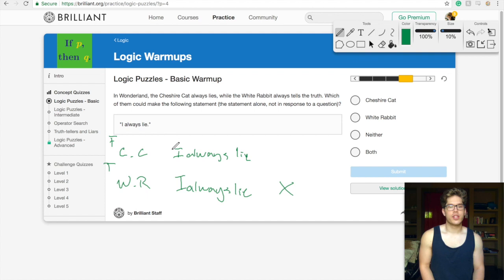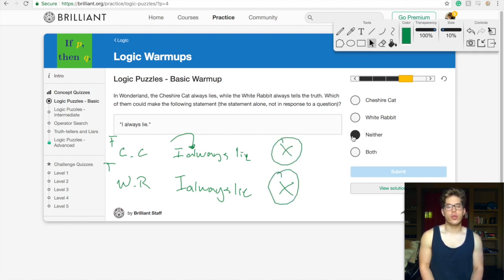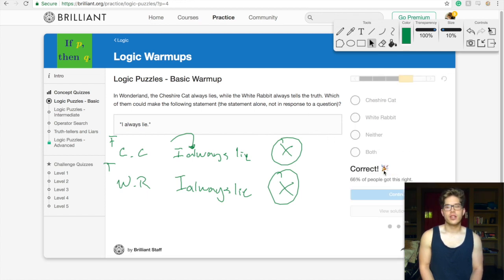And so he can't say this because this would be true. Therefore, he wouldn't always be lying. So the Cheshire cat can't say this either. And so neither the Cheshire cat nor the White Rabbit can say, I always lie. Awesome.